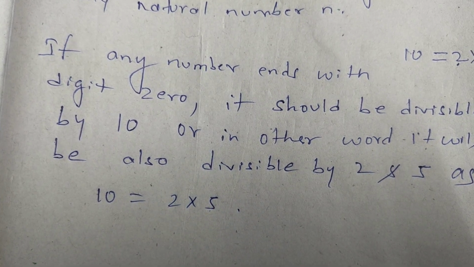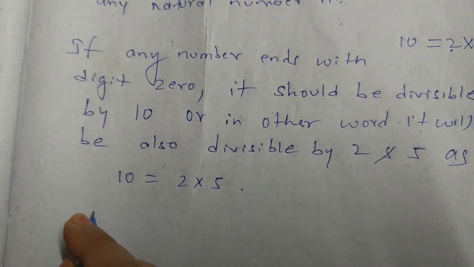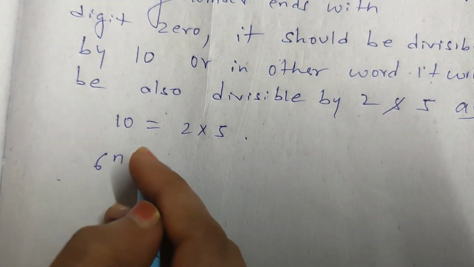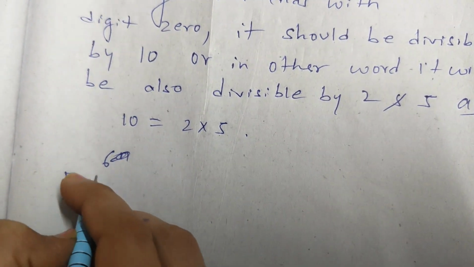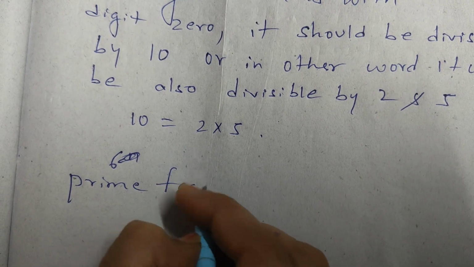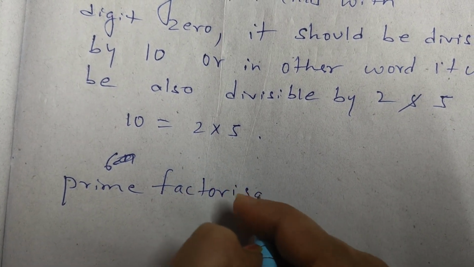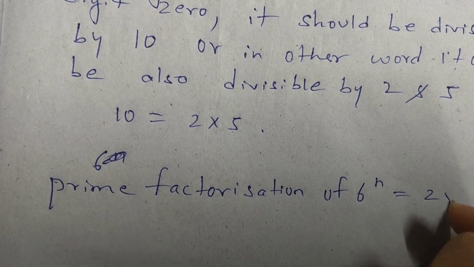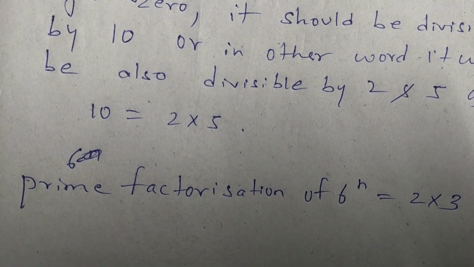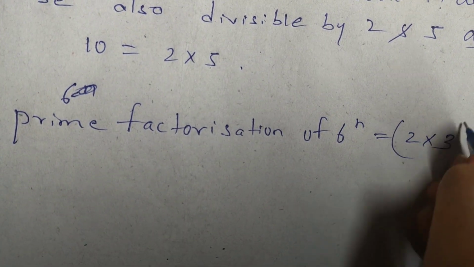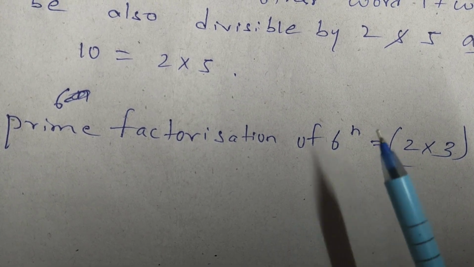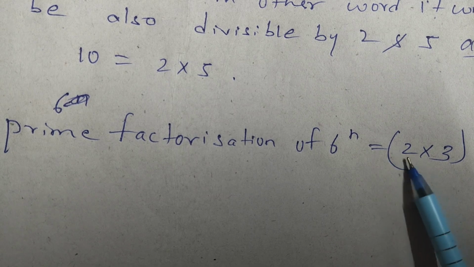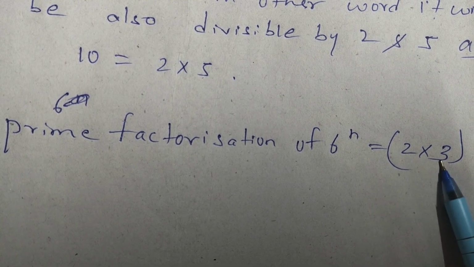So for 6 to the power n, the prime factorization of 6 to the power n is equal to 2 into 3 to the power n. You can see in this prime factorization of 6 to the power n, the factors of 6 are 2 into 3.